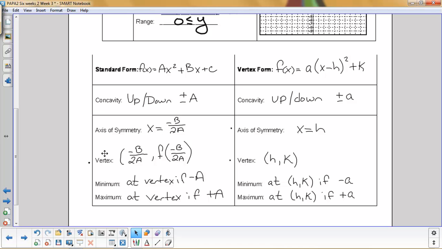The vertex is then located at that x value, opposite of b over 2a, and whatever the corresponding y value is as well. Add a second parenthesis there to complete the ordered pair. Again, you'll see this in practice in just a few minutes. There is a minimum on the parabola if the value of a is negative. There's a maximum on the parabola at the vertex if a is positive.